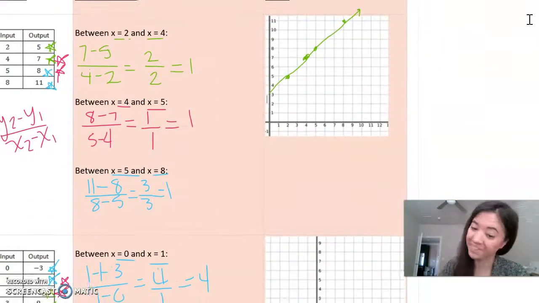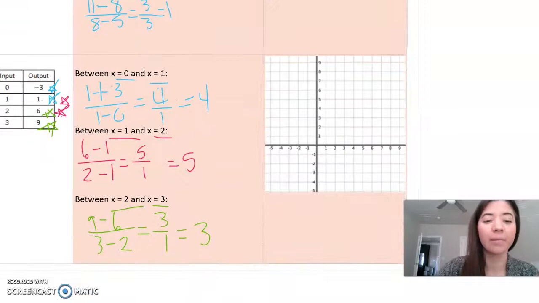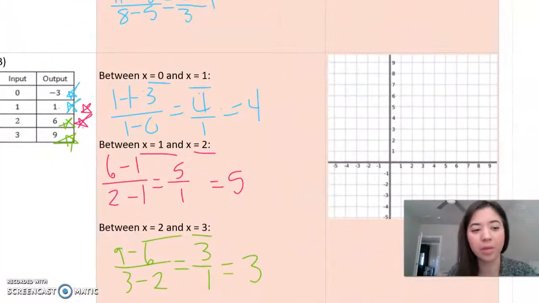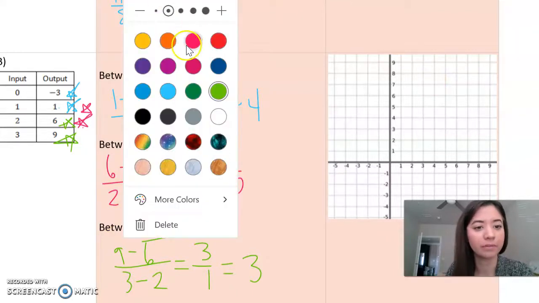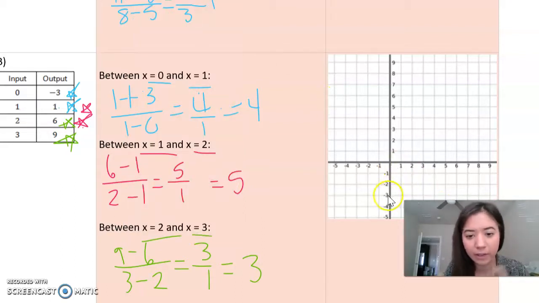Probably already know the answer to which one is linear, but let's go ahead and graph this one. Pause me, plot those points, and then come back and unpause me. Alright, so we had 0, negative 3, 1, 1, 2, 6, and then 3, 9.